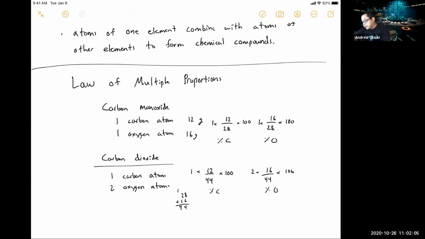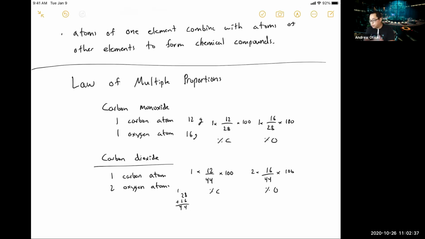So see here that the percent of carbon in carbon dioxide will decrease because we have more mass now, but the percent of oxygen will increase because we're adding an additional oxygen atom. So when we combine these two elements, the weights of each element are proportional to the ratio of the other elements in its compound formula.